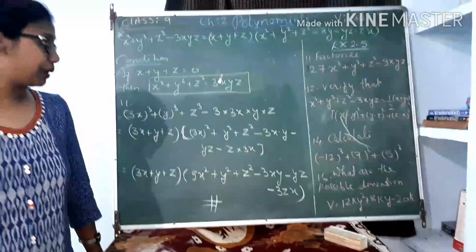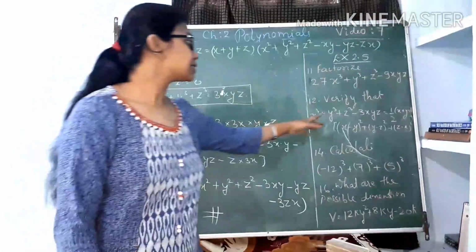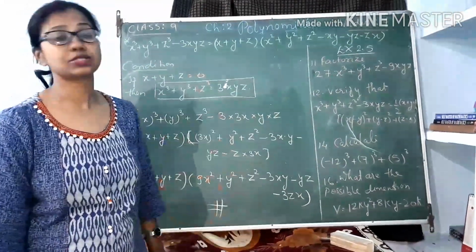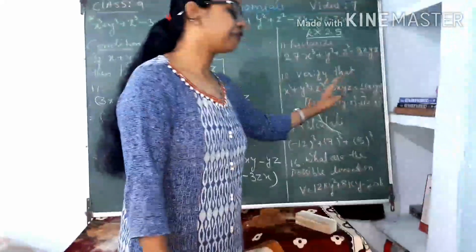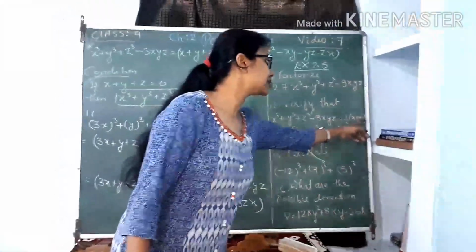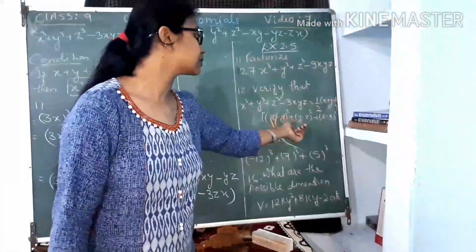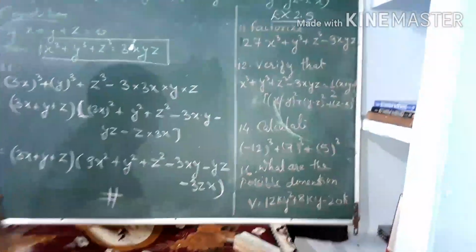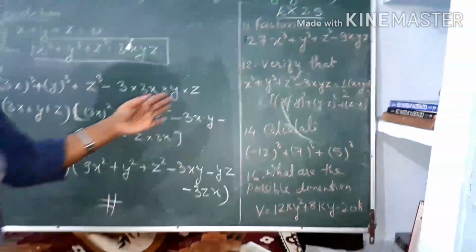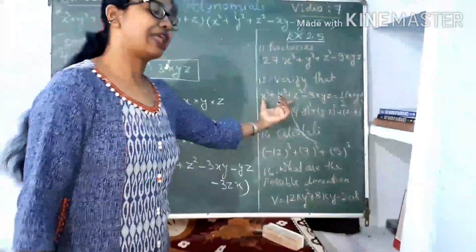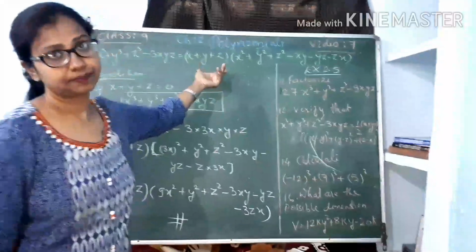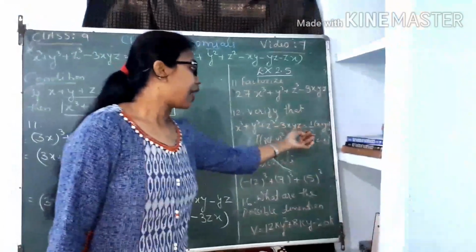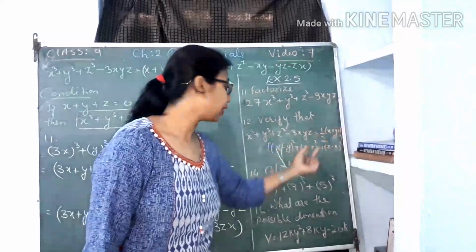For question number 12, verify this is the same identity, x cube plus y cube plus z cube minus 3xyz, but written in a different form: half of x plus y plus z into x minus y whole square plus y minus z whole square plus z minus x whole square. So how can you verify this? The left hand side is the same as this. On the right hand side, what you have to do is write down half x plus y plus z as it is.